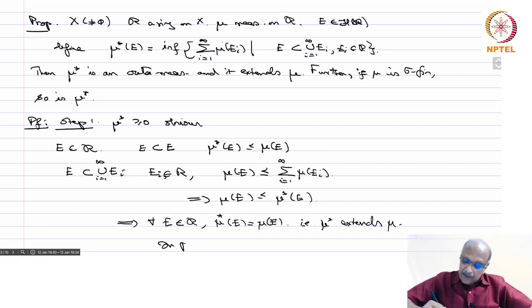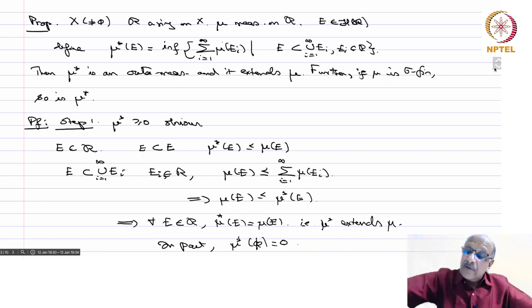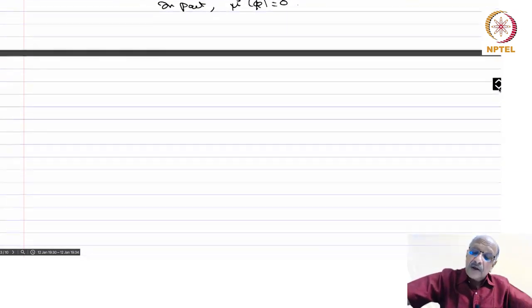In particular, mu star of phi has to be 0, because phi is an element of R, and therefore its mu star value is the same as its mu value, which is given to be 0.